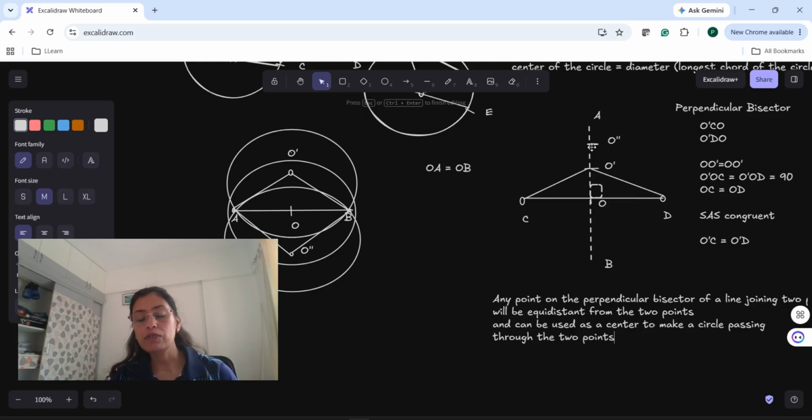Any point which I put on this perpendicular bisector will be at an equal distance from C and D. And this point O dash, O double dash can be used as the center to make a circle passing through the 2 points. So that is one of the properties that we saw.